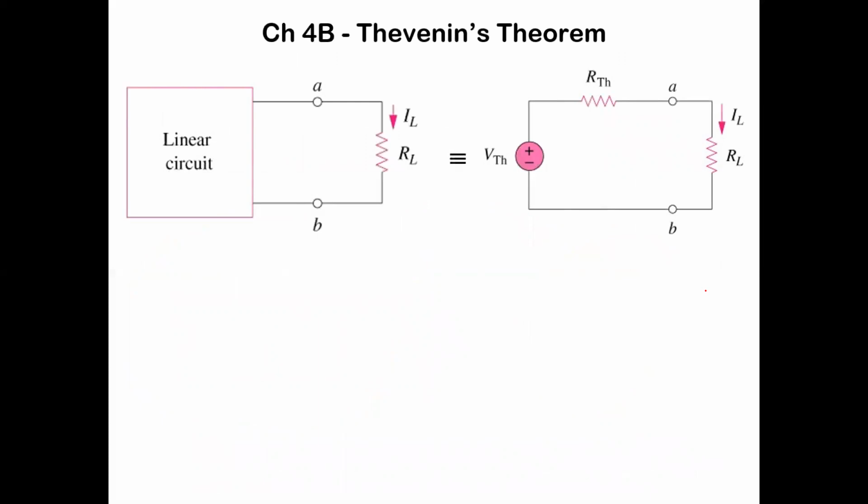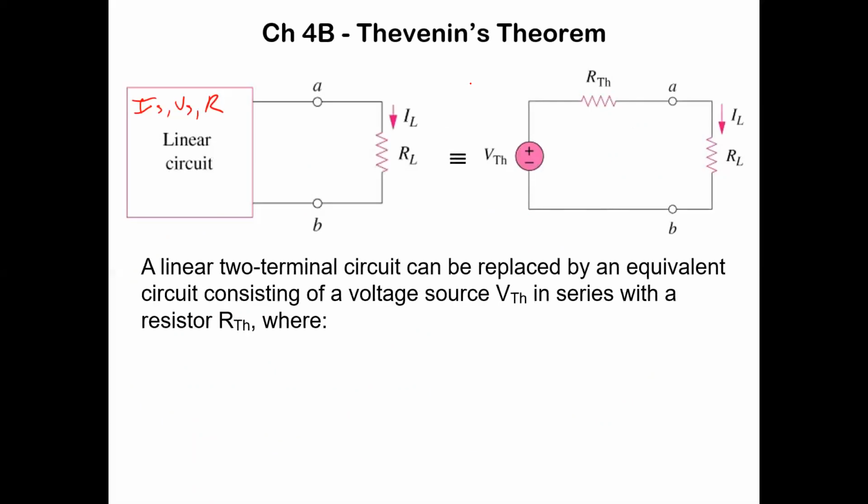So Thevenin's theorem says if you have a linear circuit of current sources, voltage sources, resistors, and you want to hook up a load to it, you can replace that with the Thevenin equivalent of whatever is in that box, and you'll get the same net effect. You can replace any linear two-terminal circuit with an equivalent circuit consisting of a voltage source in series with a resistor.